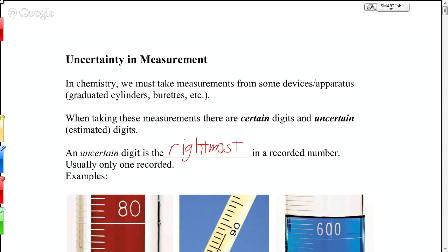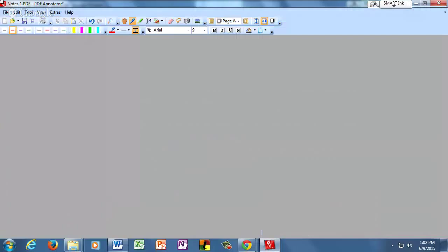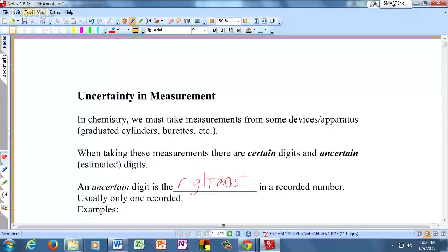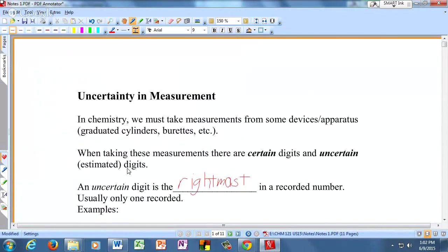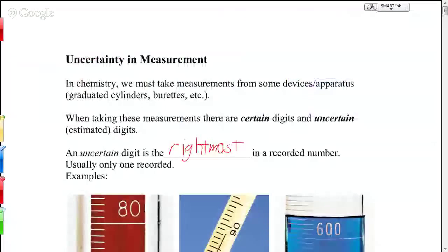These computers are new, so I'm not sure what they're doing, but let's turn that smoothing off so that we don't have that issue anymore. Let's see if that's any better. Nope.